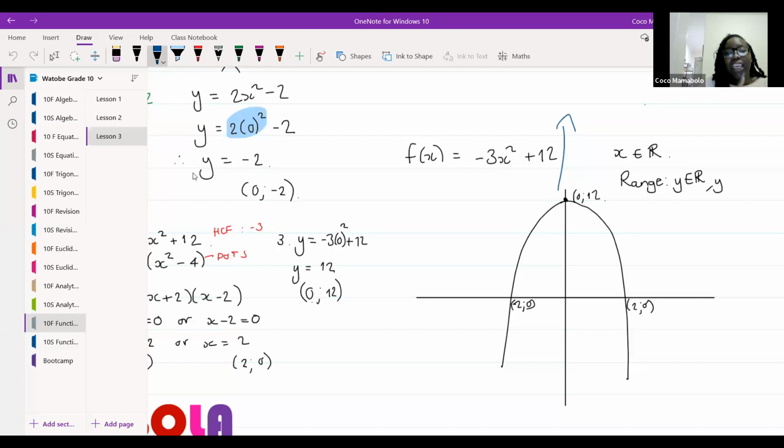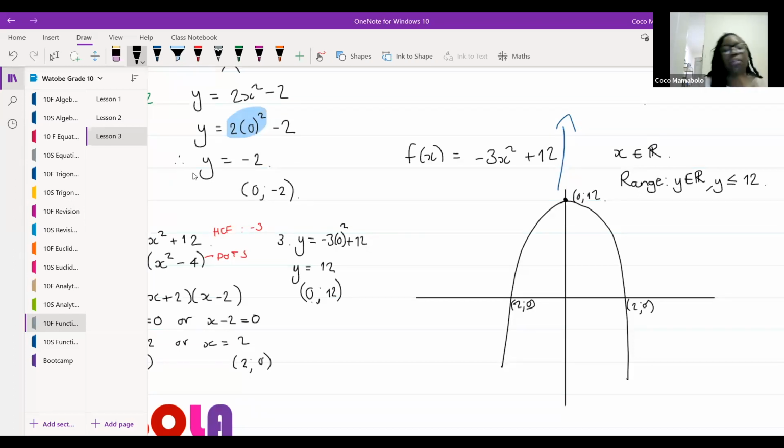In this case, it can't be greater than. It's going to need to be less than or equal to 12. So y must be less than or equal to 12. That's it, 100%.